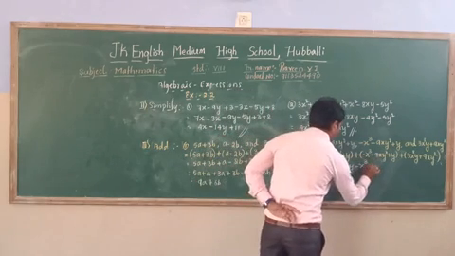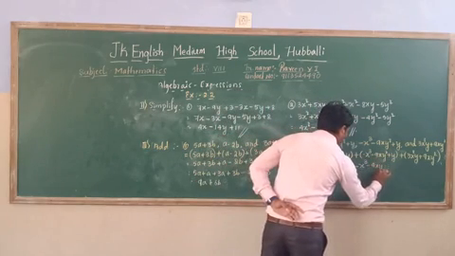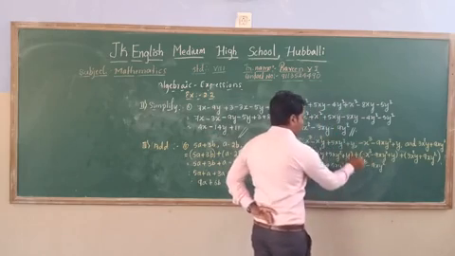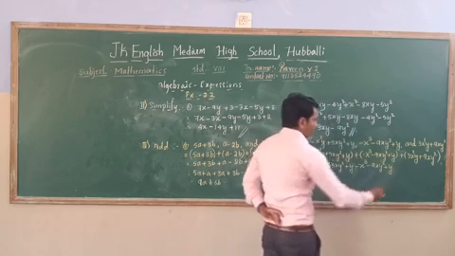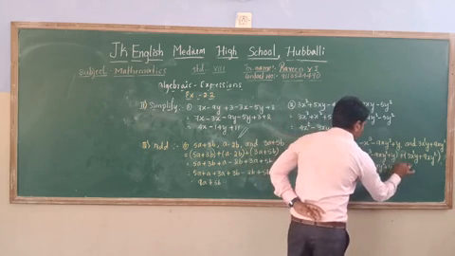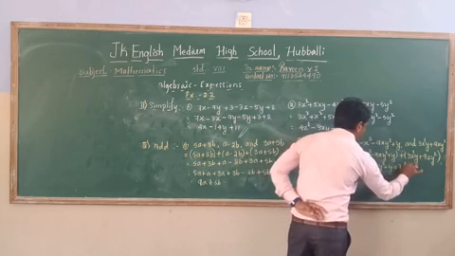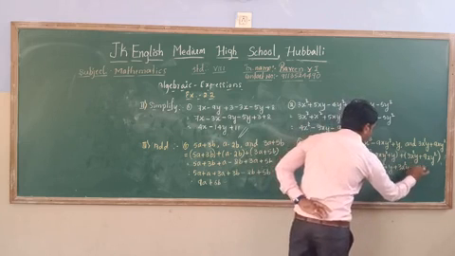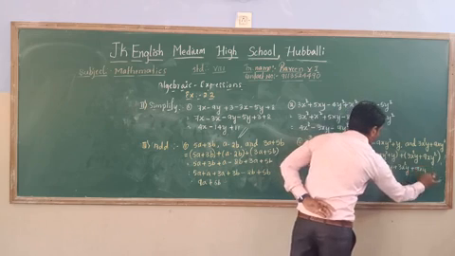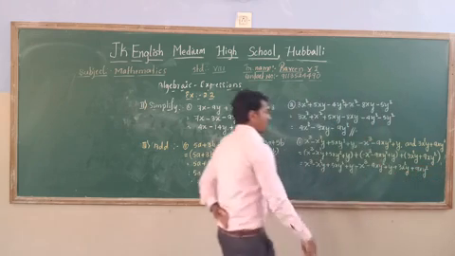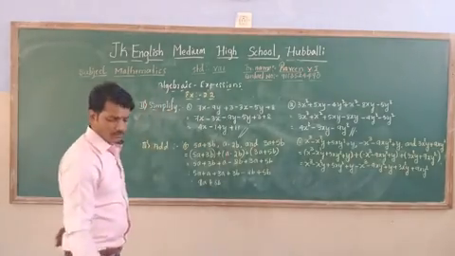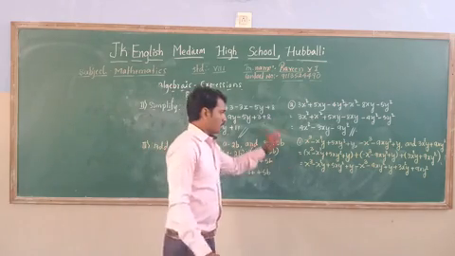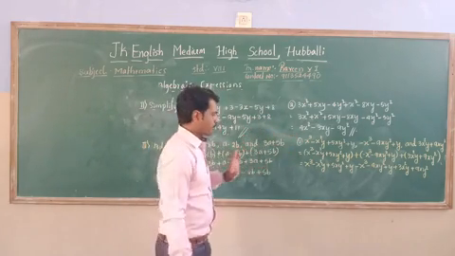Plus into minus, minus 9x y square. Plus into plus, plus y. Plus into plus, plus 3x square y plus 9x y square. While multiplying the plus and minus, always be careful with the minus sign, because the terms will get changed.